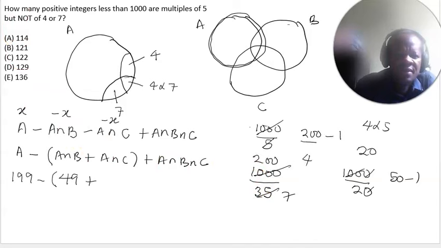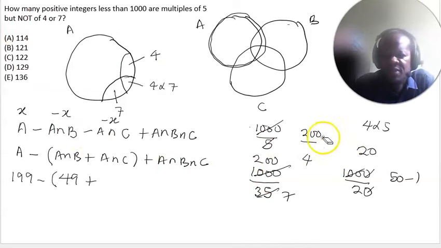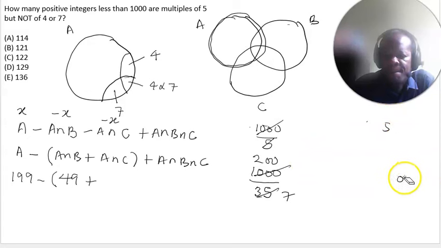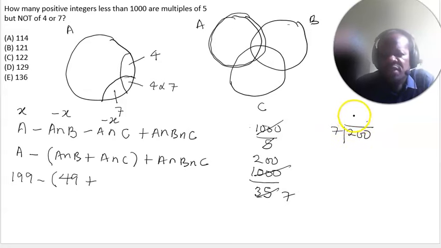So let's erase some items here to create space. Okay, so we have 200 divided by 7. So how many 7s do we have in 20? That is 2. 2 times 7, that is 14.